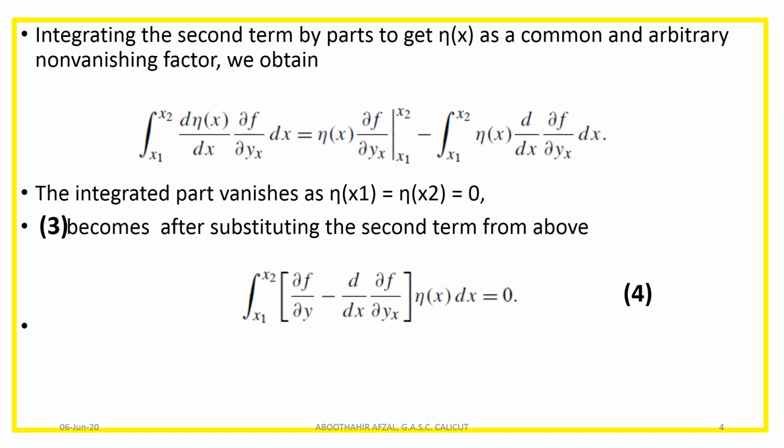Now using that, we are going to find the integral of the second term, which is integral x1 to x2 of dou f by dou y_x into d eta by dx. So this will become, we are considering the first function as dou f by dou y_x.